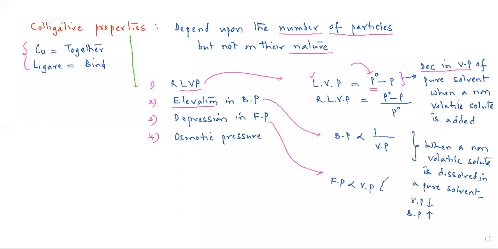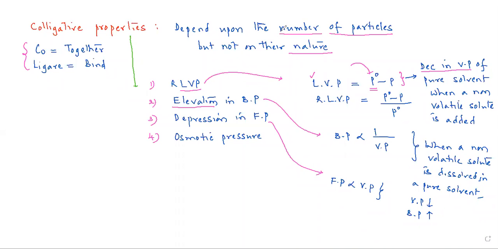Whereas here, it is the temperature at which the vapor and the solid form are in equilibrium with each other. Vapor and the liquid are in equilibrium at boiling point. Vapor and the solid or crystalline form are in equilibrium at freezing point.